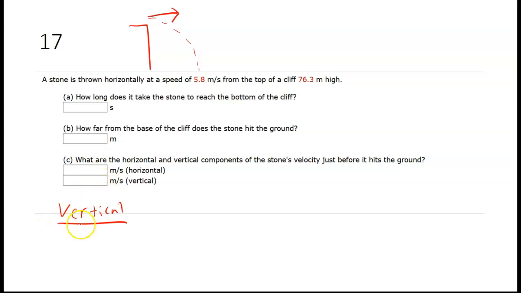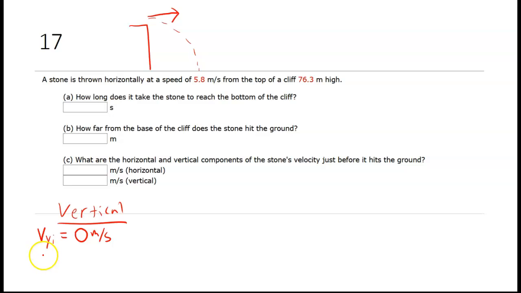So in the vertical, I know that Vy initial is equal to 0 because the definition of horizontal launch is that there is no vertical component.